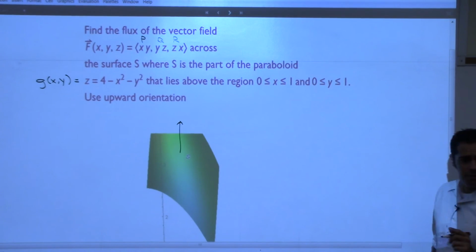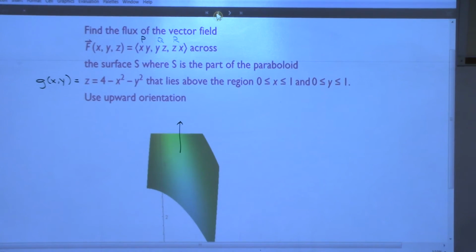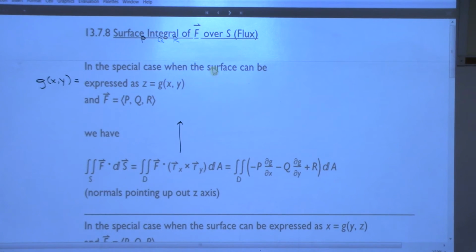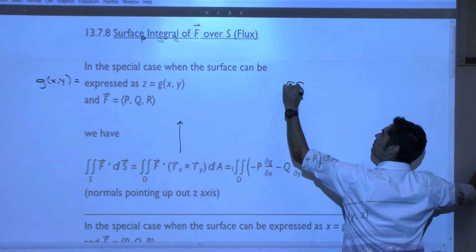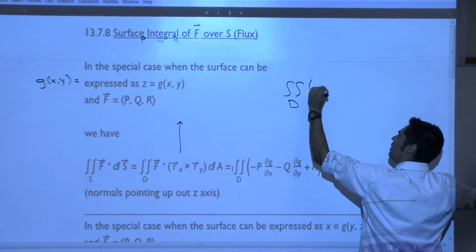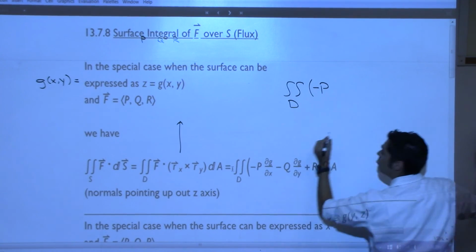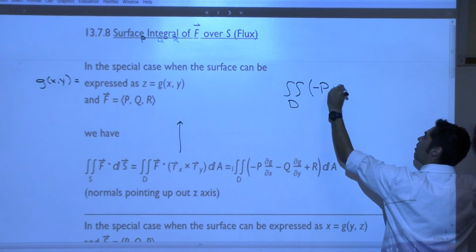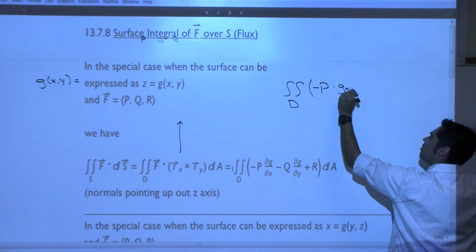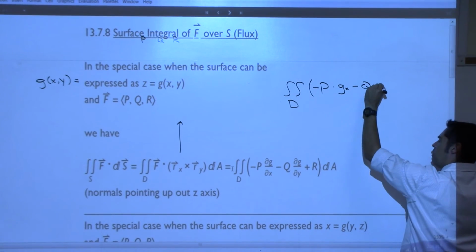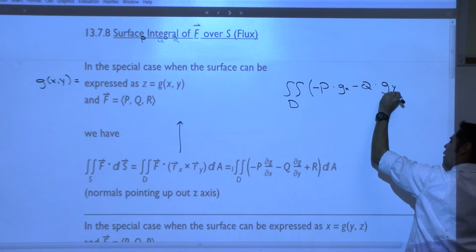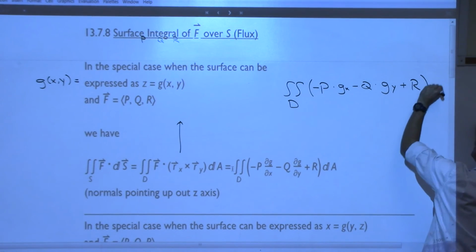That means I can use the formula directly the way it appeared in the notes, this first one. I'm going to do double integral over D of negative P times partial g with respect to x, minus Q times partial g with respect to y, plus R dA.